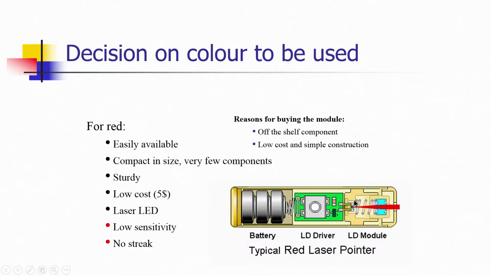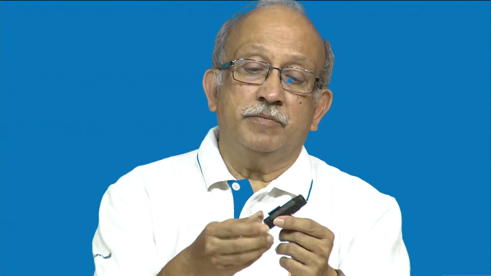So, if you look at this presentation here, it was made by one of our students, and the topic is how do we make a pointer which has a laser inside, which is a little more powerful than the conventional things. So, please look at this almost toy thing which has been taken from, I am not sure, some toy.